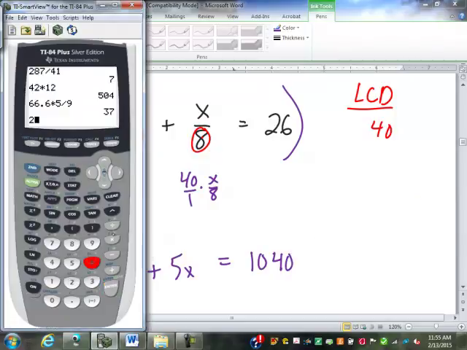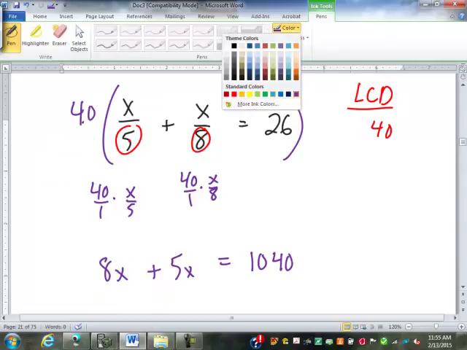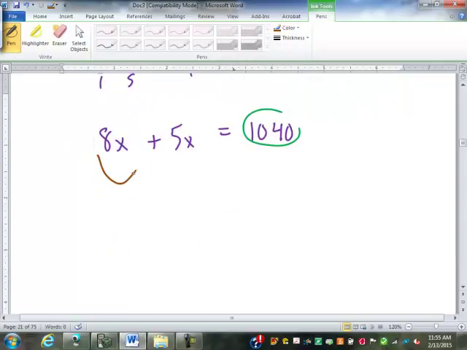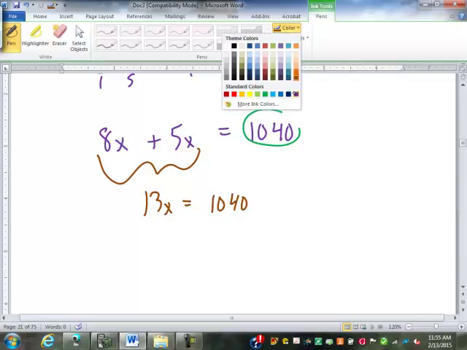Let me double check. Yes, it is. And now we have that the equation is changed into 8x plus 5x equals 1,040. And for many people, even though the numbers are getting kind of large, it's much easier to solve in this form. 8x and 5x make 13x, which is 1,040. And we divide by 13.